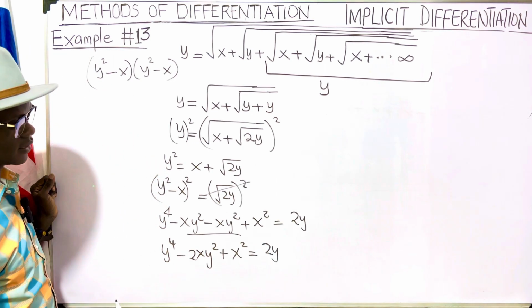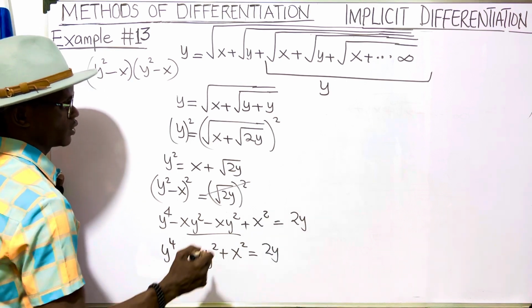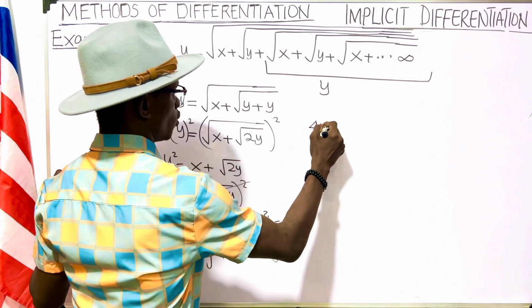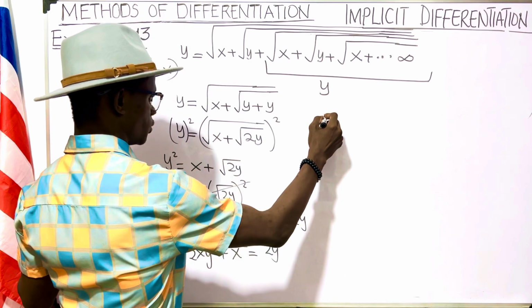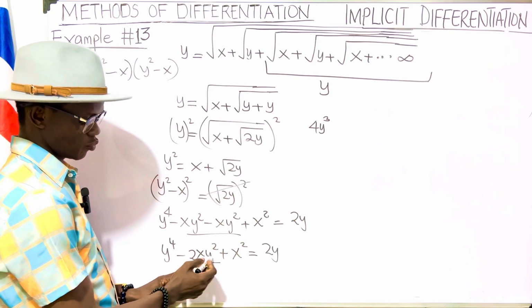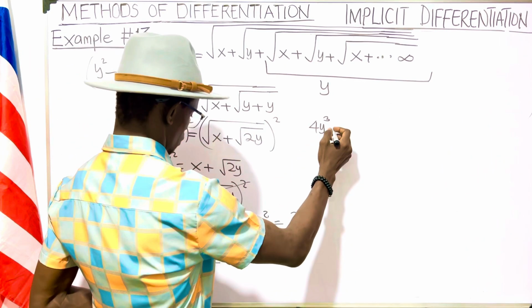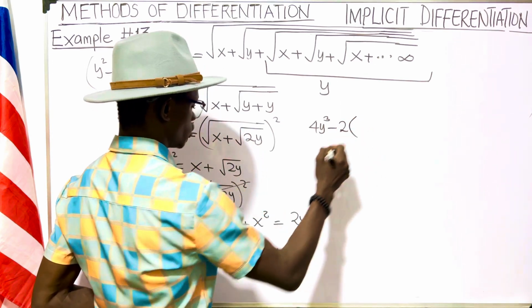So we can now find its derivative. y to the fourth is just 4y to the third power; we reduce the power. Right here we have the product rule because x and y are multiplied by each other. So this is minus 2, we hold on to it.